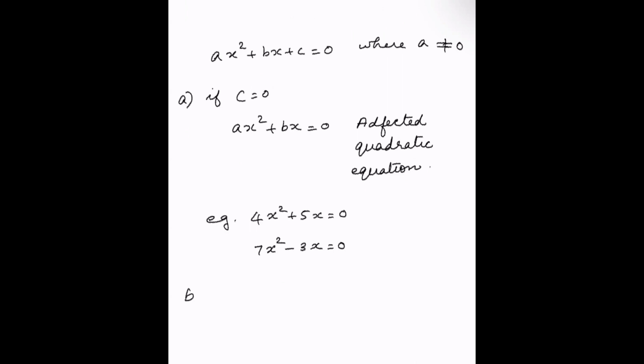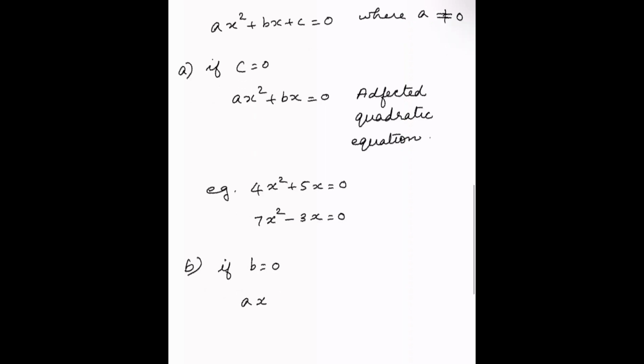Now, case B. What will happen if b is equal to 0? If b equal to 0, the quadratic equation is of the form ax square plus c equal to 0. This kind of equation is called pure quadratic equation.